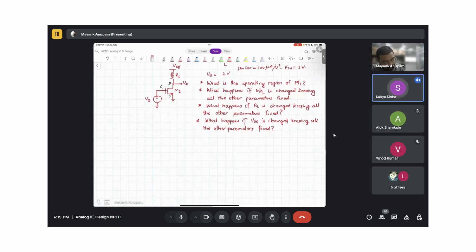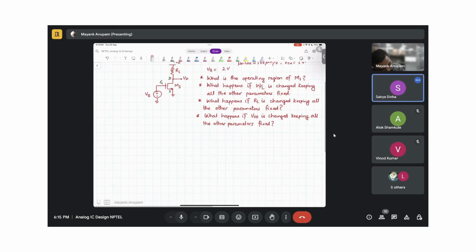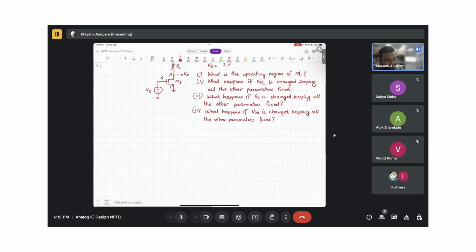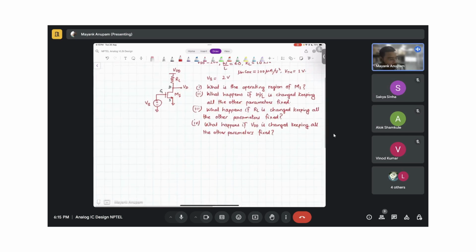You can find VDS from the limiting condition, assuming that it is in saturation region. Good. The first thing is we have to assume something, because we cannot proceed without that: the current equations are different for saturation and for triode or linear region.